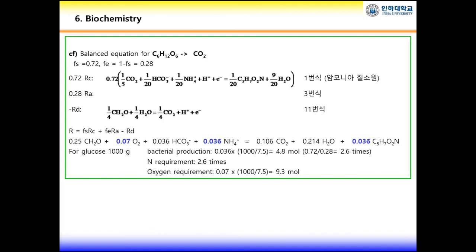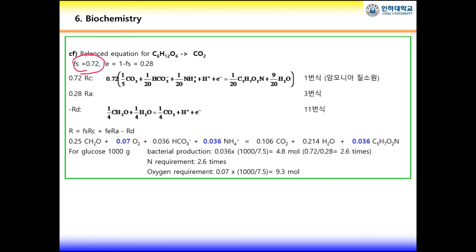Say in this case, this is the aerobic case. In the aerobic case, the Fs value is just the opposite compared to the anaerobic methane production case.